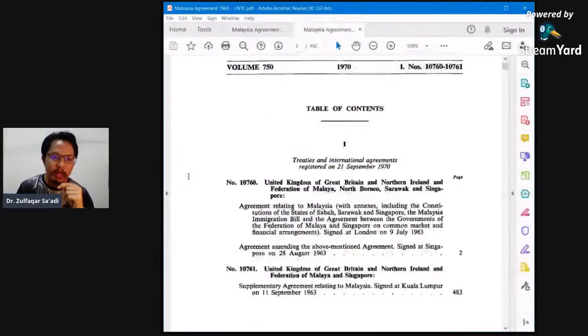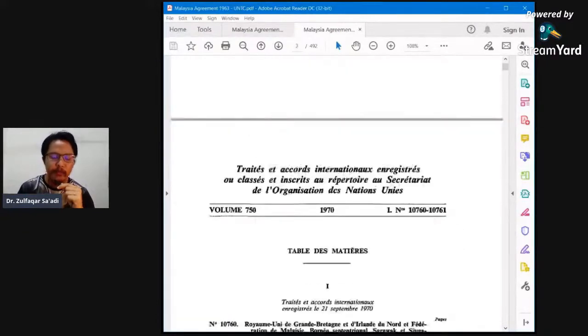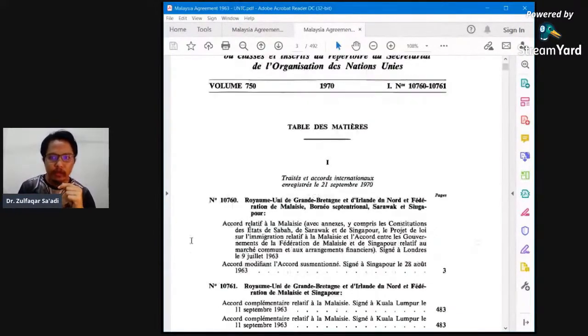It was written in English, French and Malay, three languages. You can see this is in English, and then suddenly it is in French. Because the Malaysia Agreement was lodged in the United Nations, they put it there in English and French. And there is the Malay language as well. I will show you later. Oh, it is all here.